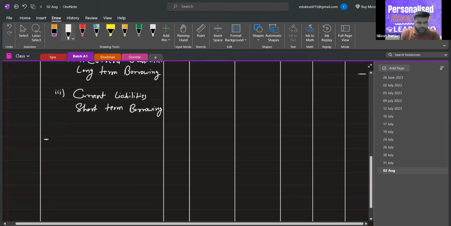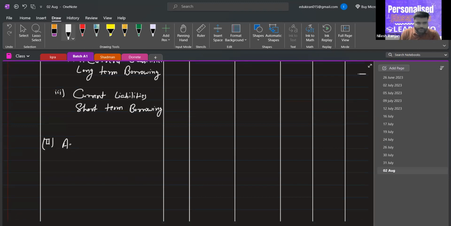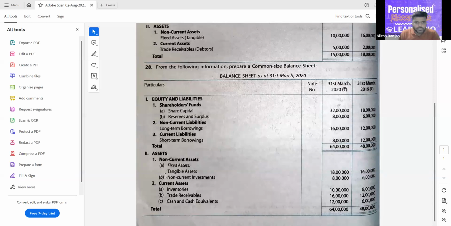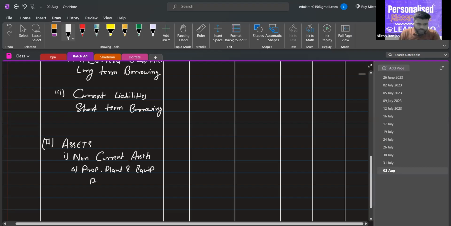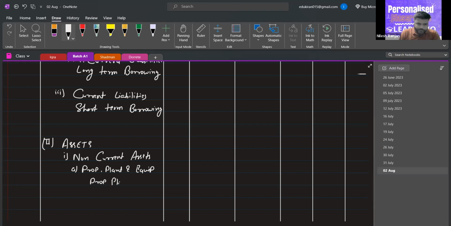Okay, after that, the asset side. The first item is non-current assets. Under non-current assets, there is property, plant, and equipment, that is tangible assets.